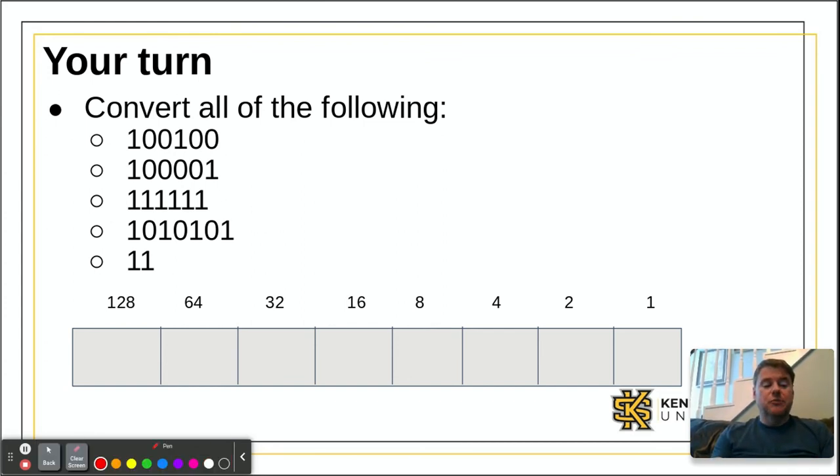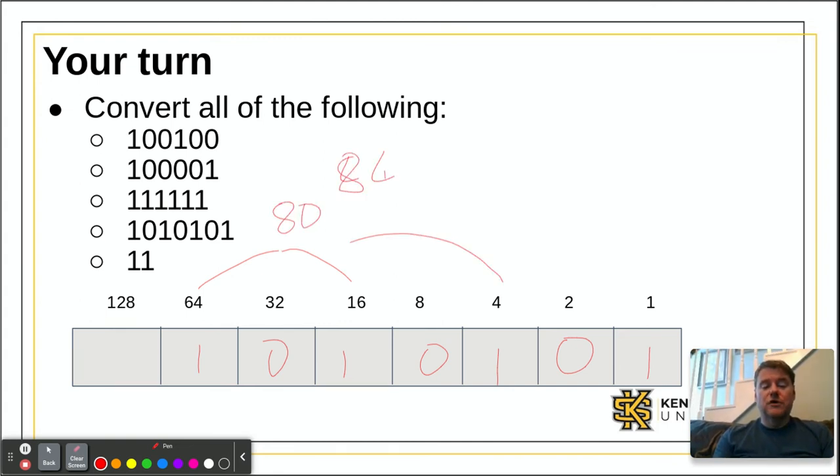All right, next up we have a 1 and a 0, and then a 1 and a 0, a 1, a 0, and a 1. All right, so that's going to be 64 plus 16, which is going to be 80, plus 4 is going to be 84, plus 1 is going to be 85 on this one.